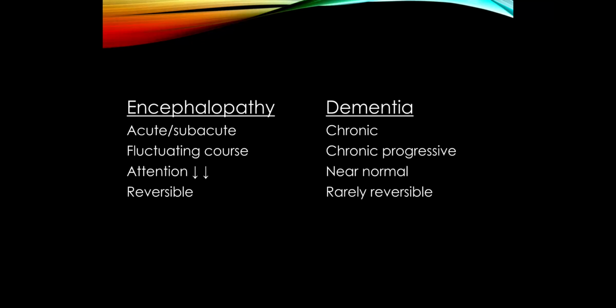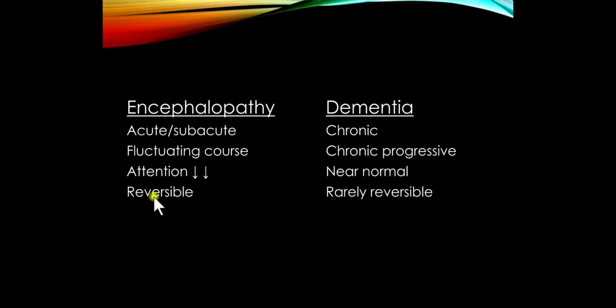An encephalopathic patient, though, you need to tap on the shoulder and continue to alert them because they keep falling asleep. Mr. Jones, wake up. And then Mr. Jones wakes up, he answers a few questions, and then he falls asleep again. So attention is profoundly involved in an encephalopathy.